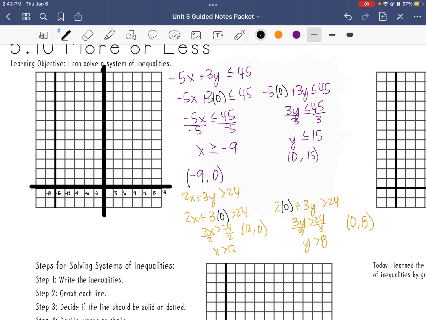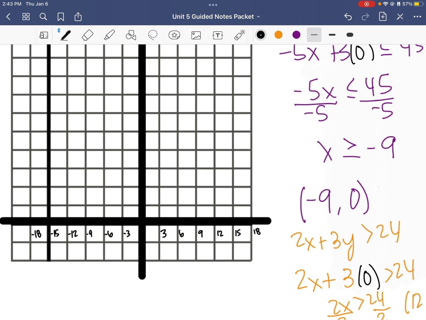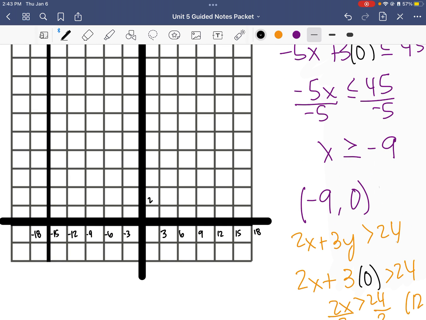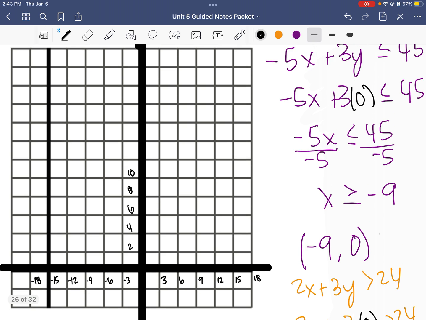We don't have enough lines to get up to 15 by counting by ones. So let's go ahead and count by 2s. 2, 4, 6, 8, 10, 12, 14, 16, 18, 20, 22.